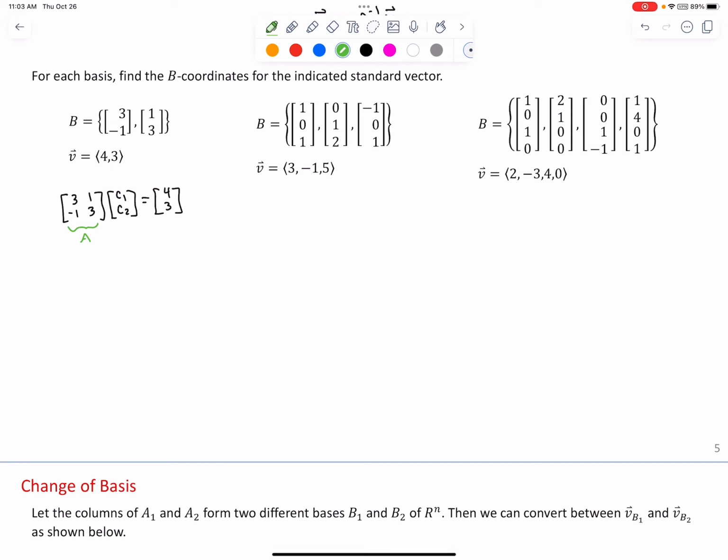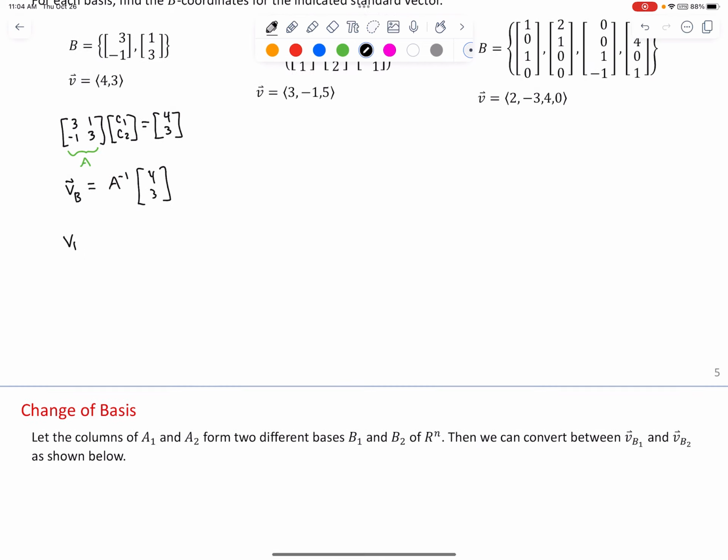So this is our coefficient matrix A, we're saying, and to find C1, C2, which are the b coordinates of this vector, I simply need to do A inverse times the standard coordinates. I calculated the inverse of this matrix using technology. Its entries are 3/10 and 1/10 for the first column, and -1/10 and 3/10 for the second column.